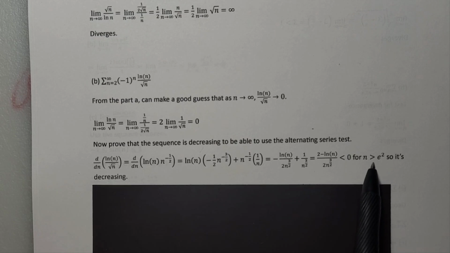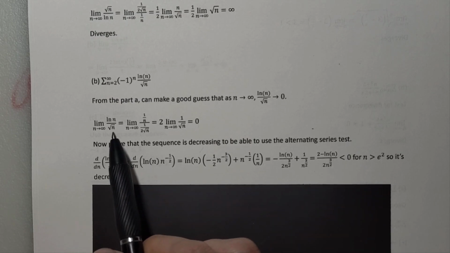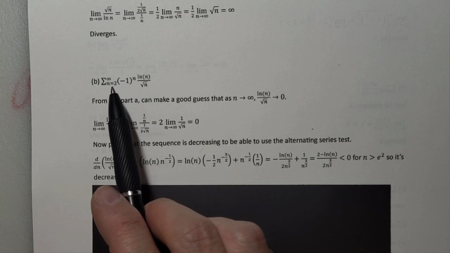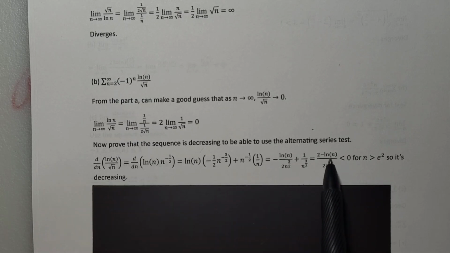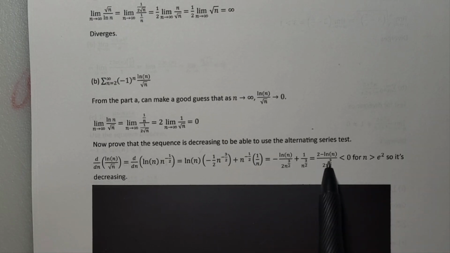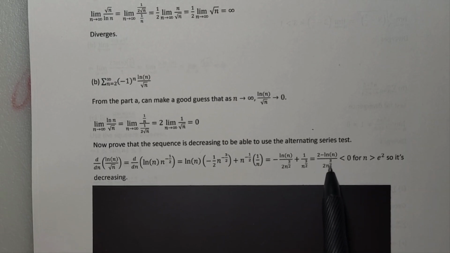Doesn't matter that, for example, we can't divide by 0, so n can't be 0. The sequence starts at 2, by the way. So when it's 2, it would actually be positive. I mean, by positive, I mean this derivative is positive.